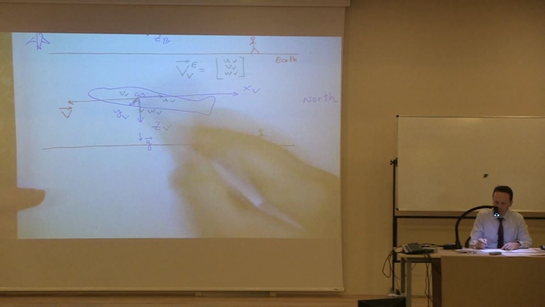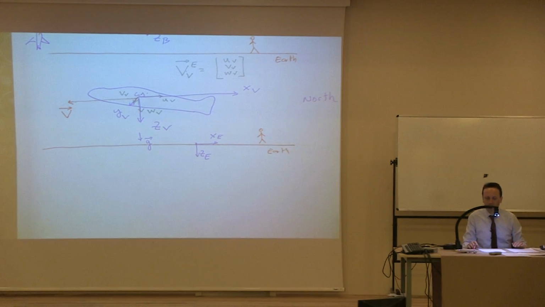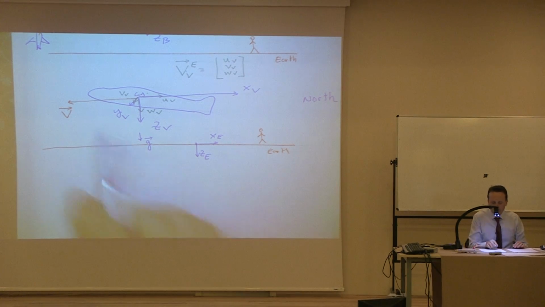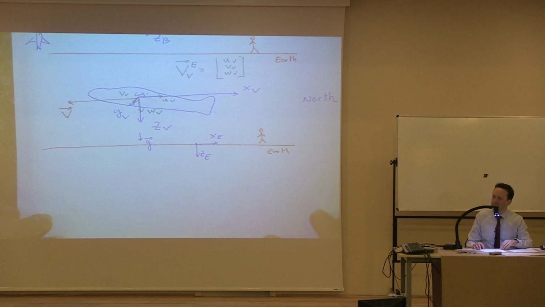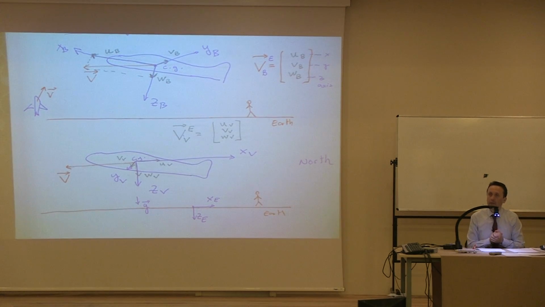You can write this in this coordinate system, in this coordinate system, in any coordinate system. But there's still one velocity with respect to this person, and that is the velocity of the airplane with respect to the guy looking from Earth. So, does that make sense? Do you understand that? Fully understand?